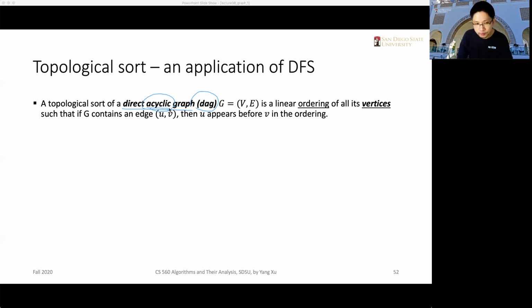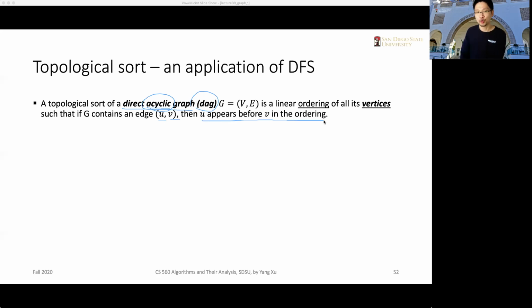So the topological sort takes such a DAG as input. What this algorithm does is reorder all the vertices such that if there's an edge from vertex U to V in the original graph, then in the reordering, the starting vertex U must appear before the ending vertex V.